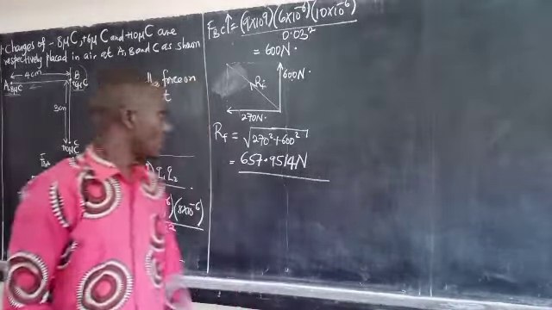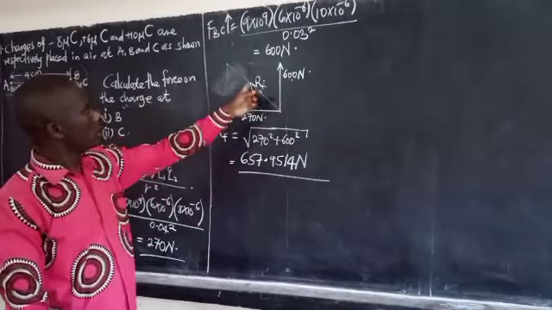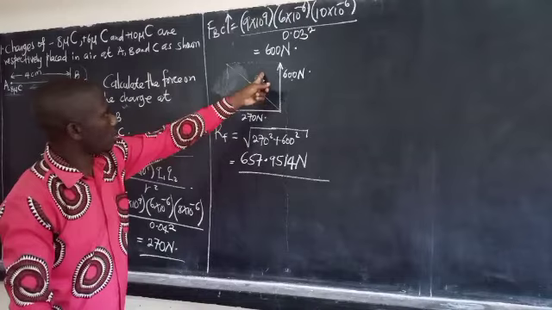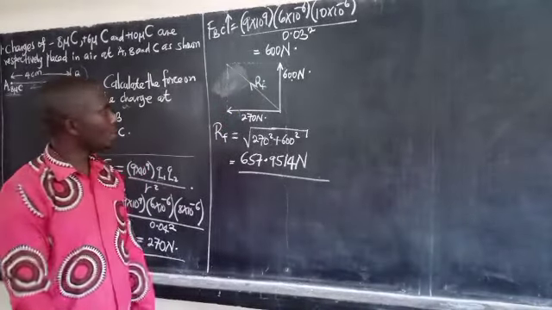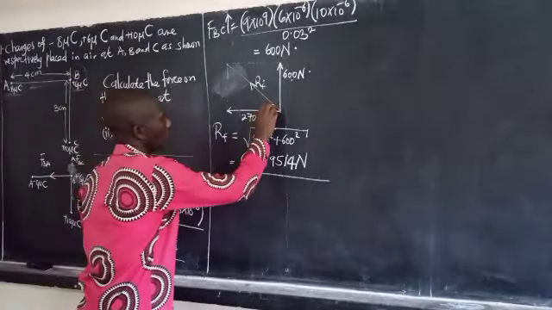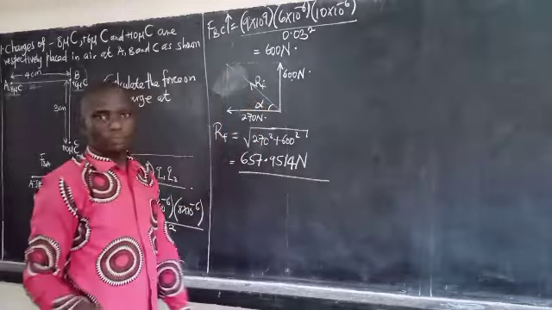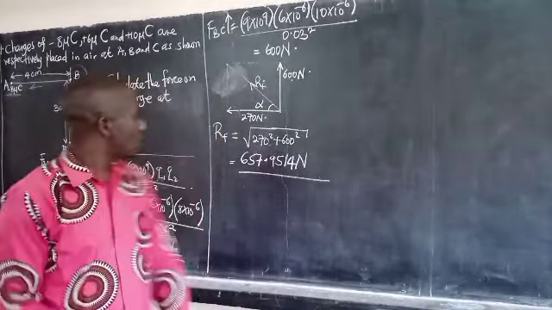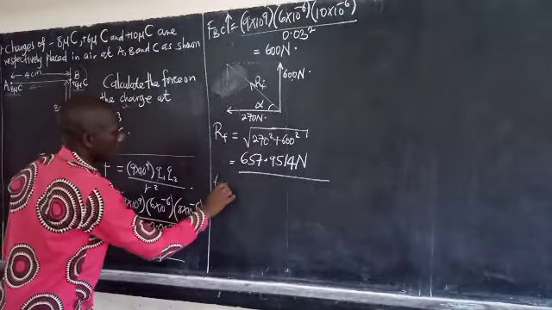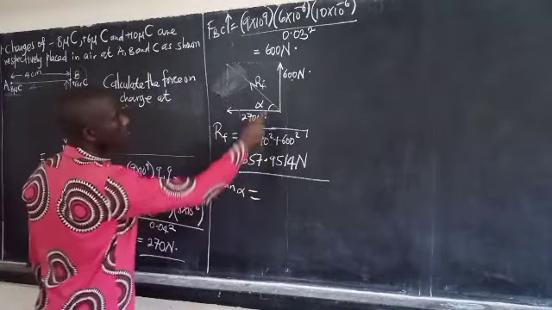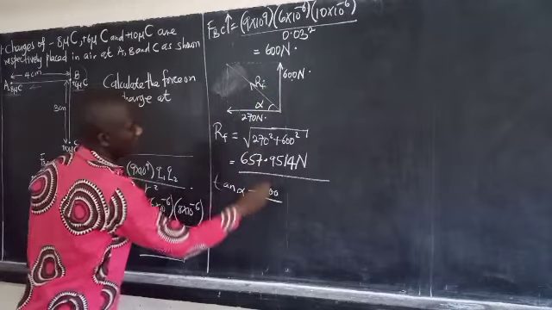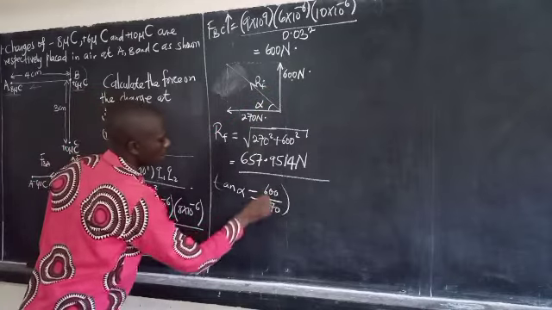So, how do we give the direction here? It is along the resultant. So, how do we handle it? We just calculate this angle, maybe you call it alpha. So, if that is our angle alpha, then tan alpha is opposite, which is 600, over adjacent 270.